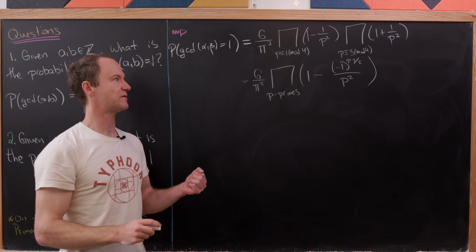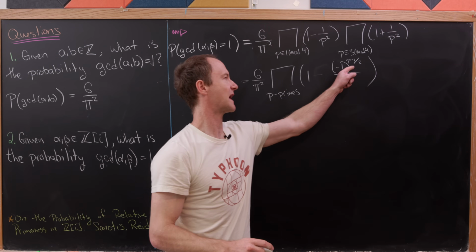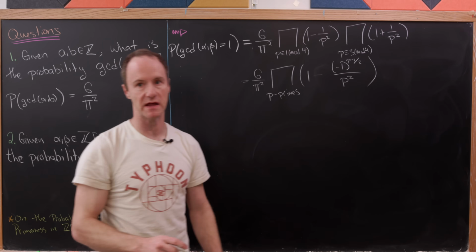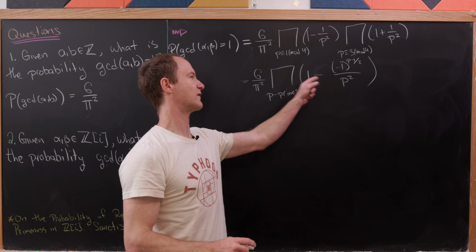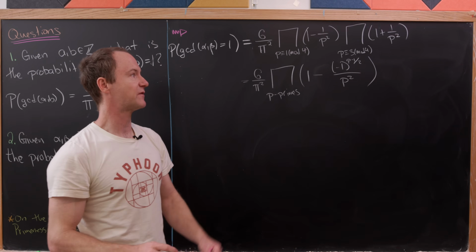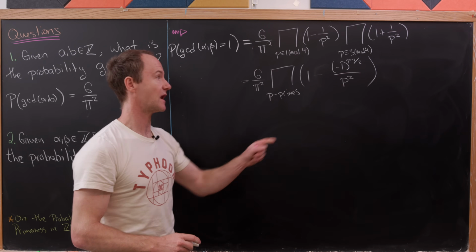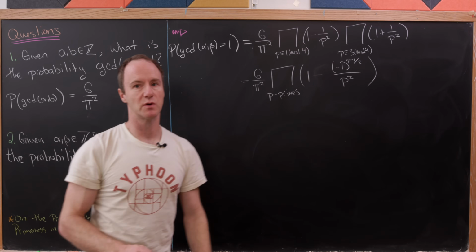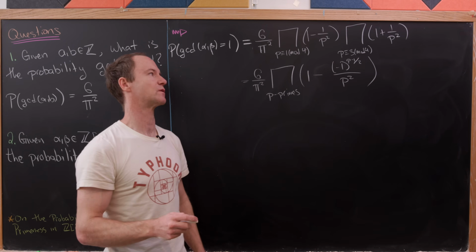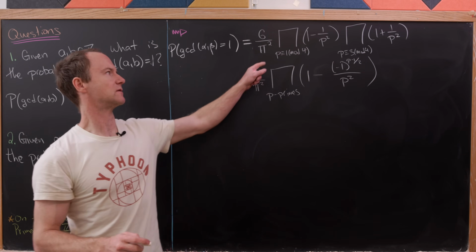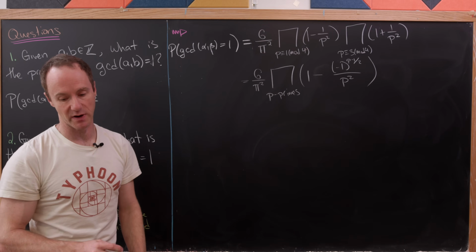So let's observe if p is congruent to 1 mod 4, then that gives us a positive 1 in that numerator, which means we have 1 minus 1 over p squared. But if p is 3 mod 4, we get an odd number in this exponent, which turns that into 1 plus 1 over p squared. So that replicates exactly what we have above.